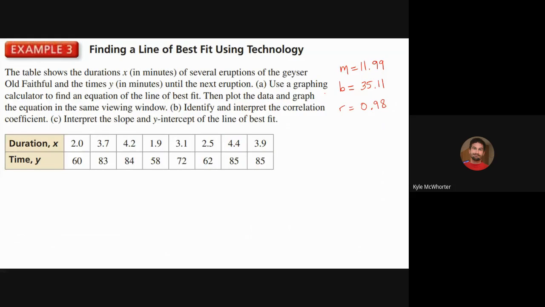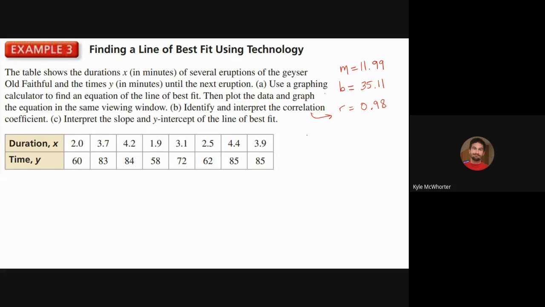Okay, so we did part A. Identify and interpret the correlation coefficient. So the correlation coefficient is 0.98. And what does that mean?